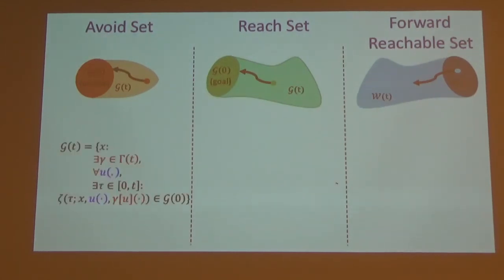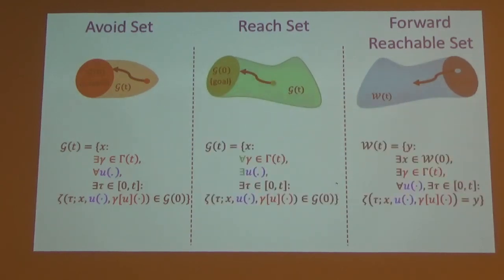And really, we can also write these definitions mathematically, which I will probably not go through in too much detail. But the idea here is that we seek, for all control actions, a disturbance action such that we go to the unsafe state. Here, for all disturbance actions, there exists a control action which will take me to the goal state.